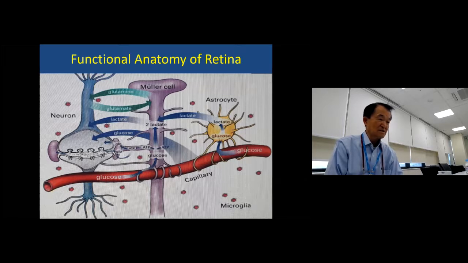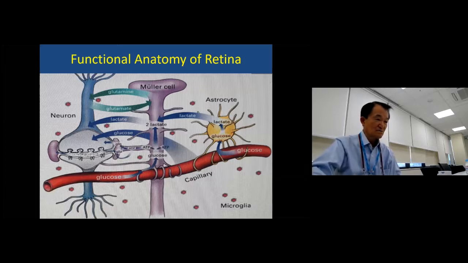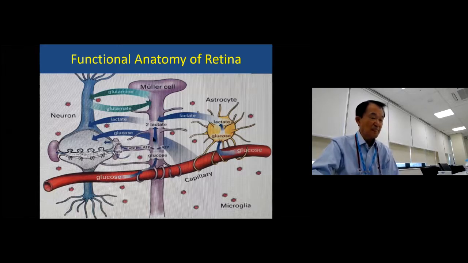Glycolysis is actually anaerobic, but in the Warburg effect, glucose makes more lactic acid instead of going to pyruvate and into the mitochondria to generate energy. So this lactate is a useless compound in the body.